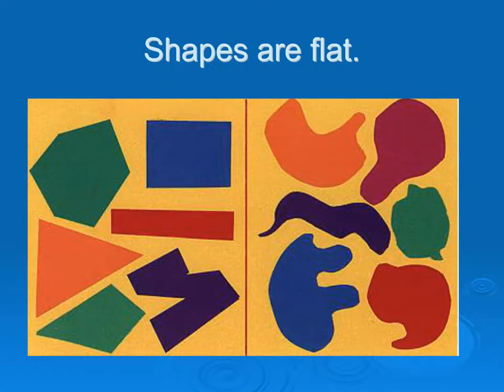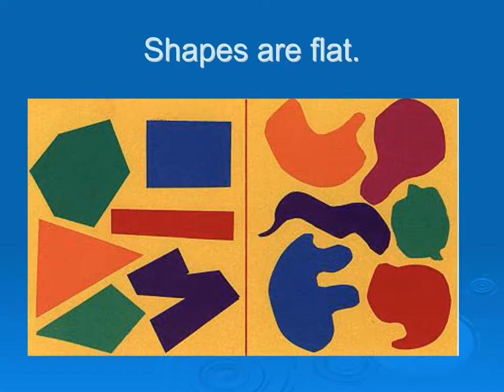When lines meet, shapes are formed. Shapes are flat. Again, I'm repeating this, but right now we're looking at two types of shapes. We are looking at rectilinear shapes, and we are looking at curvilinear shapes. Your curvilinear shapes tend to have rounded edges. These are also called organic shapes, or shapes that would be found in natural settings.